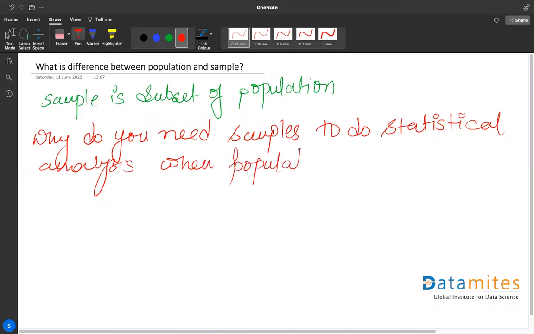Why do you take samples from the population? Why don't we do the entire analysis on the given population? Can anybody tell me the answer of this? This is a very good interview question. So just try it.